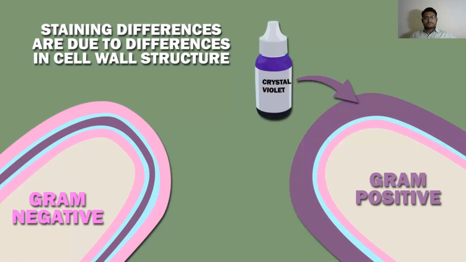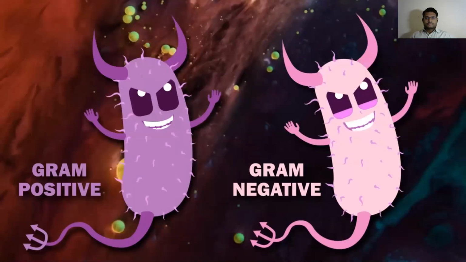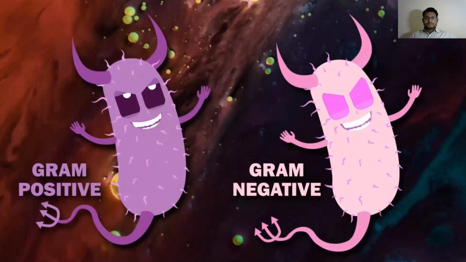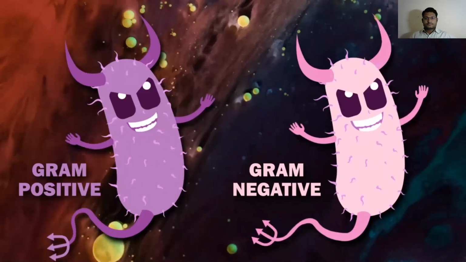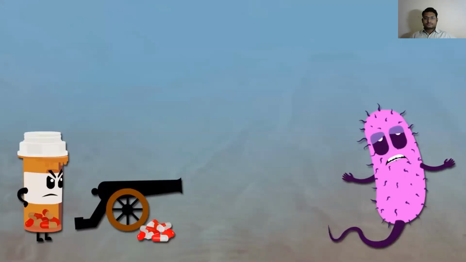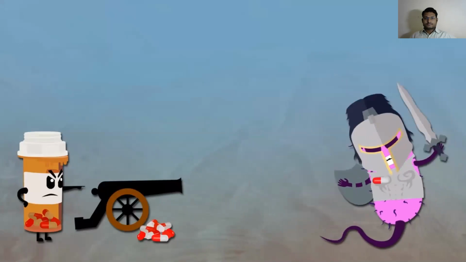Gram-negative bacteria do not retain the dye for two reasons. They have an outer membrane getting in the way of the crystal violet, and they lack peptidoglycan to retain the stain. Although both gram-positive and gram-negative bacteria can be pathogenic, gram-negative bacteria are more resistant to antibiotics because of their impenetrable cell wall. Unfortunately, these bacteria also develop resistance more quickly.